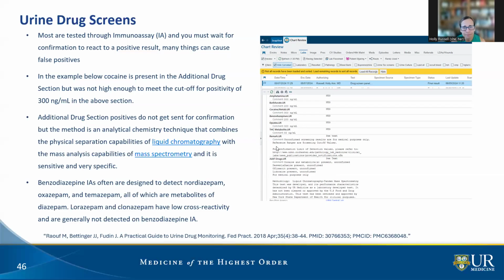This section does not get sent for confirmation, but the method for this section, if you'll notice at the bottom here, is liquid chromatography and tandem mass spectrometry, which essentially combines the physical separation capabilities of liquid chromatography with the mass analysis capabilities of mass spectrometry and is very sensitive and very specific. So while these do not get sent out for confirmation, you can essentially know that these substances are present if they are found in this section.